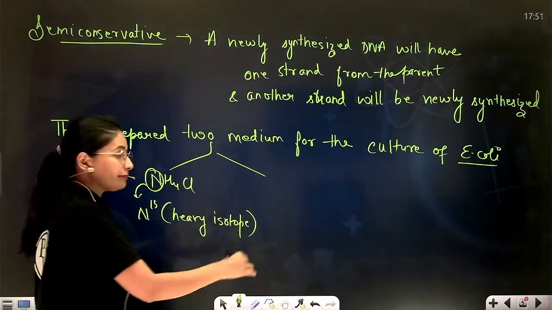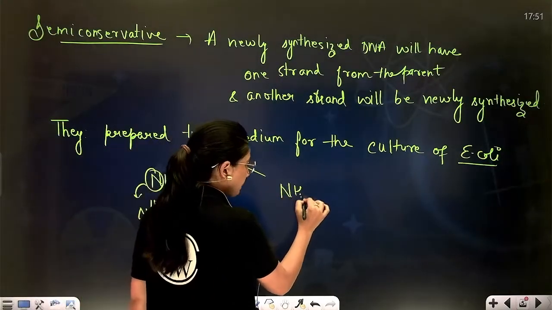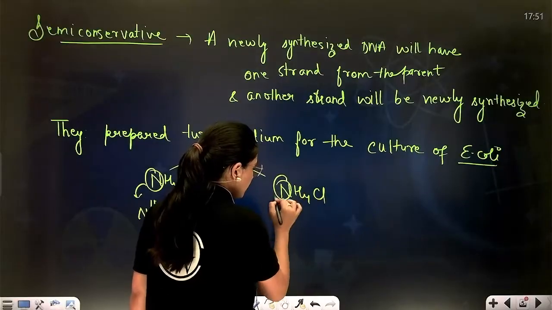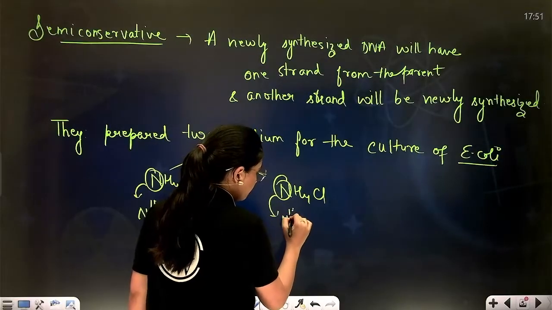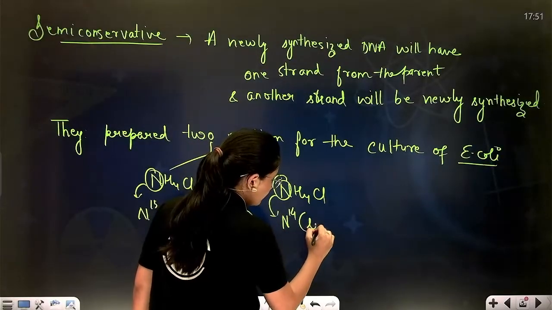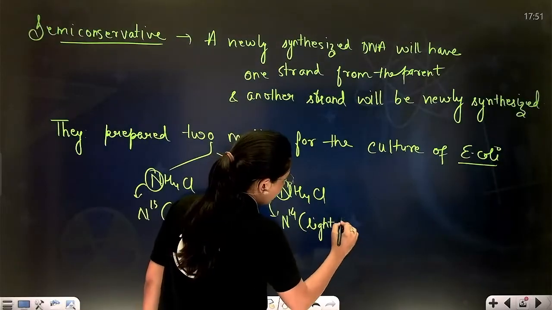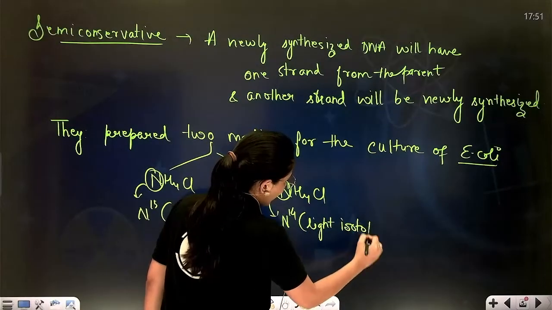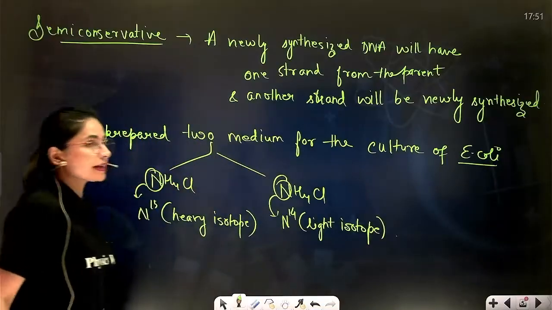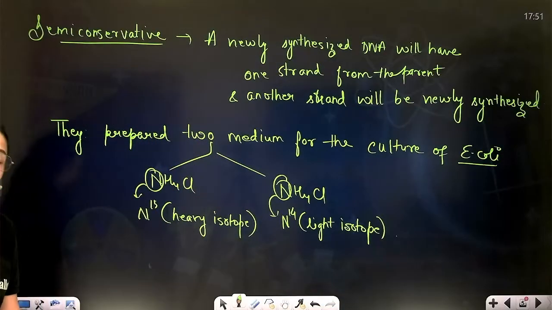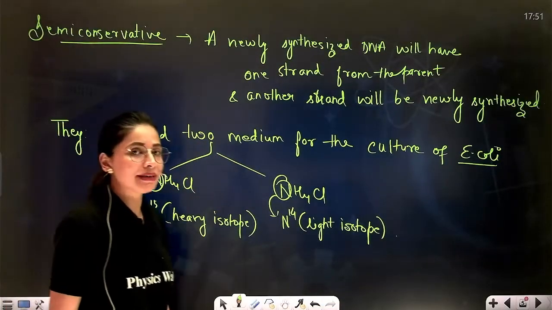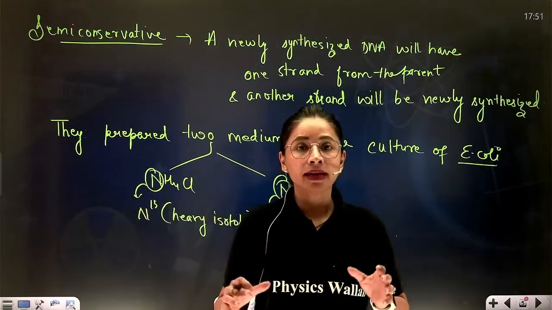One more medium having ammonium chloride was prepared, but this time nitrogen was replaced by N14, which is the light isotope of nitrogen. Correct?